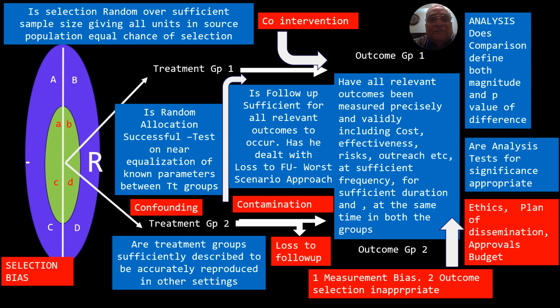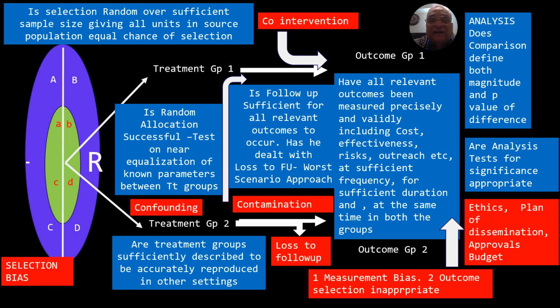Then somebody may have taken a co-intervention, that means some other type of drug which may affect the results, or there may have been a friend in treatment group 1 of treatment group 2, and this fellow may have been told that I am much better, so he may have switched over to treatment group 1. This is called contamination. So in follow-up, you have to deal with loss to follow-up, contamination and co-intervention.